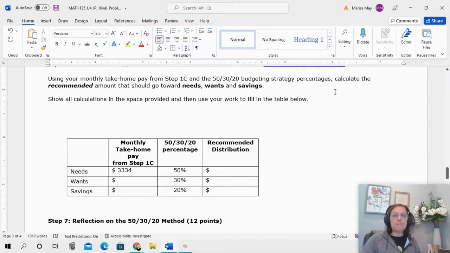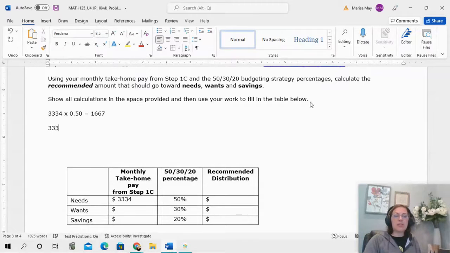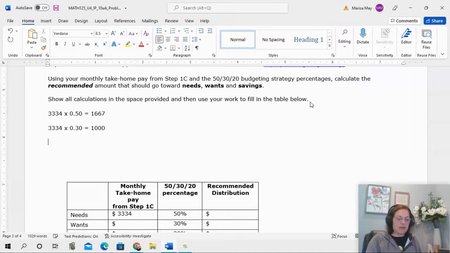If you'll remember, that just means we do times 0.50. And if I put that in my calculator, I get 1,667. I do my 3,334 times the 30%. Notice I did it times 0.30. Then I get $1,000 if I round to the nearest dollar.